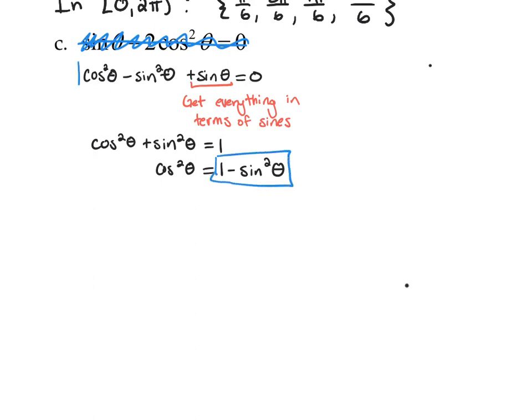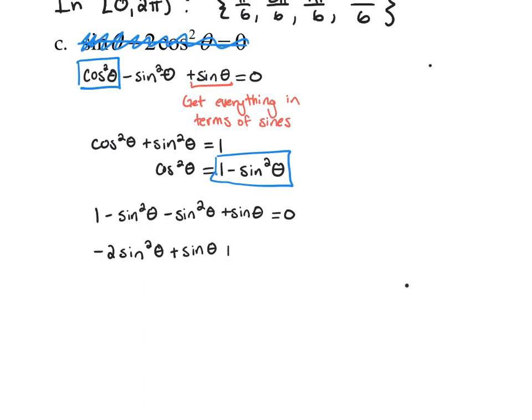I am going to substitute this in place of the cosine squared. So now I have 1 subtract sine squared theta, subtract sine squared theta, plus sine of theta equals 0. Go ahead and combine my like terms and write it in descending degree. So -2 sine squared theta plus the sine of theta plus 1 equals 0.